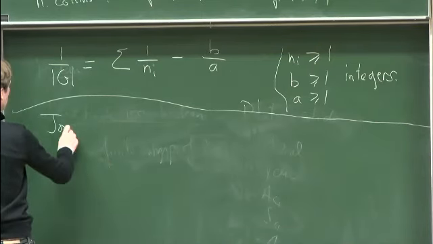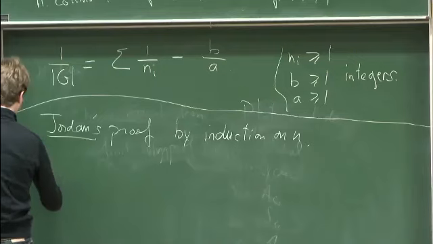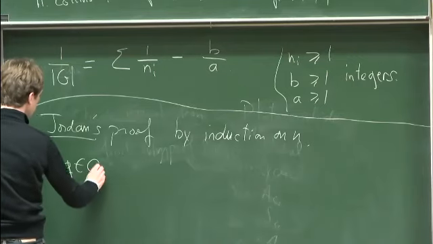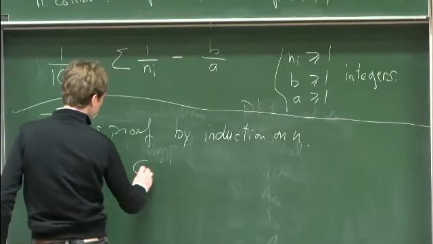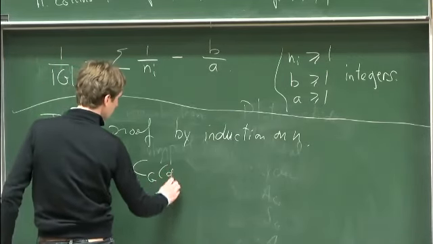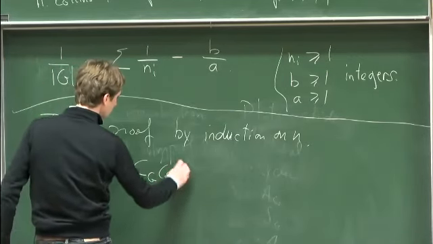Okay, so you induct on the dimension, and you start by noticing that if you have an element g in G, and suppose g is not central, then look at its centralizer.